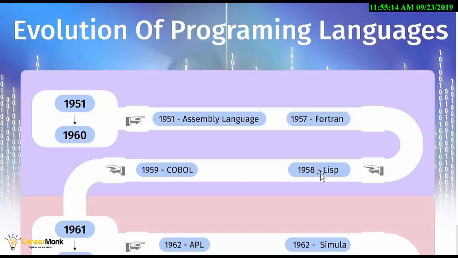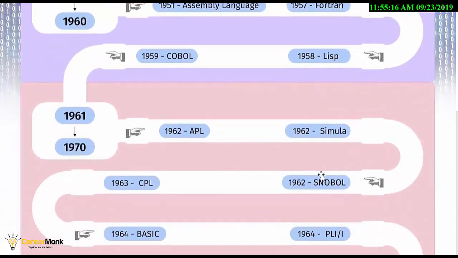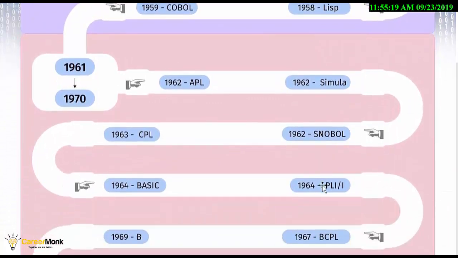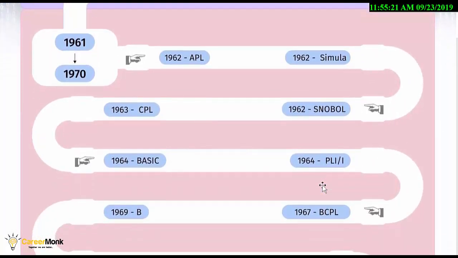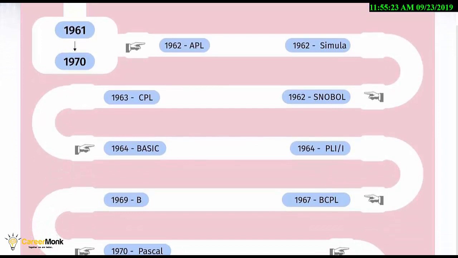Now when it comes to the next decade, from 1961 to the 70s, a lot of other languages also came, like Algol 60, Algol 68, so many languages, but we are not looking at everything. We are looking only at whichever are popular and were accepted by the industry, at least to some extent.